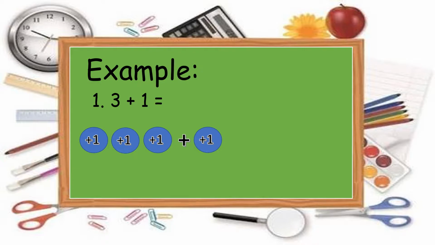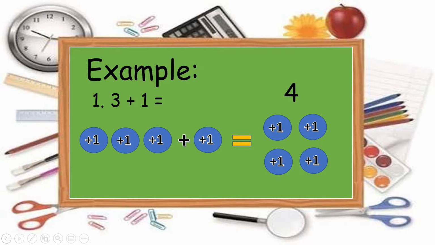Since pareho silang positive, hindi tayo makakabuo ng 0 pair. So, ang gagawin lang natin is bibilangin lahat ng positive disk or blue disk. So, we have 1, 2, 3, and 4. Sa madaling salita, the sum of positive 3 and positive 1 is equal to positive 4.